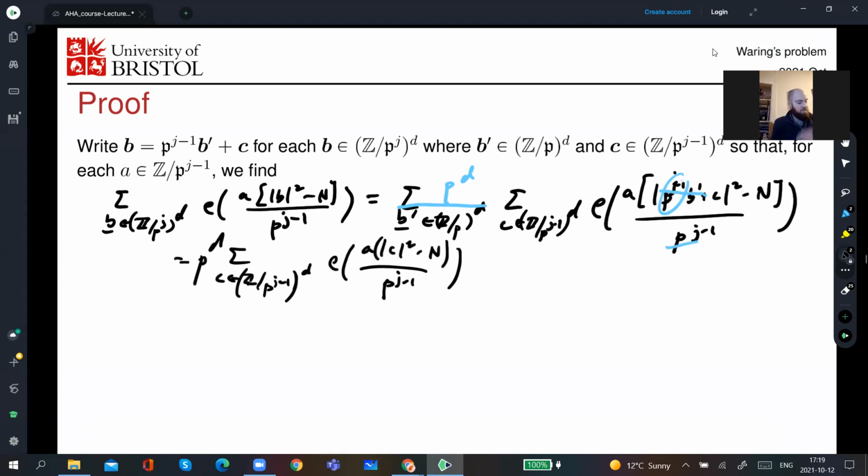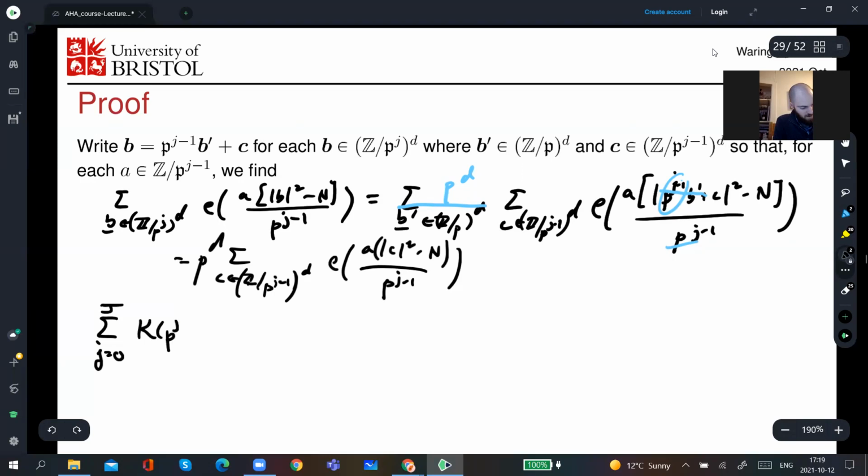And you plug this into the above, which means you're going to need a sum over j, right? So let's do that now. Sum over j equals 0 to j of K_{p^j} of n.